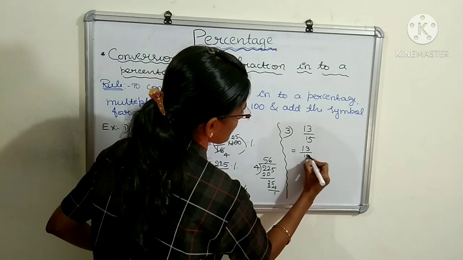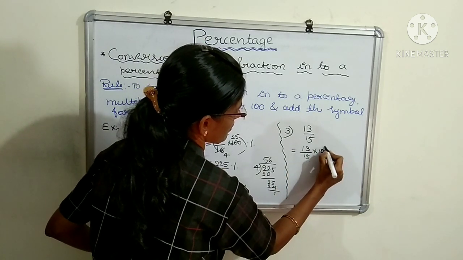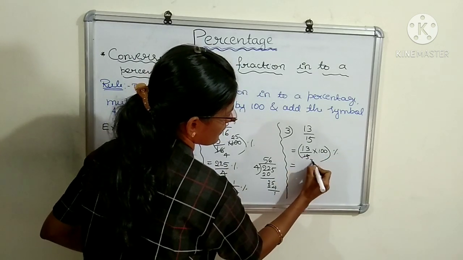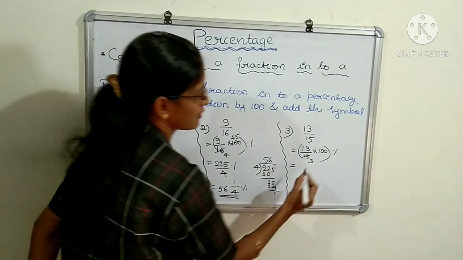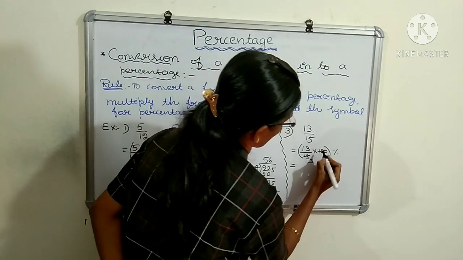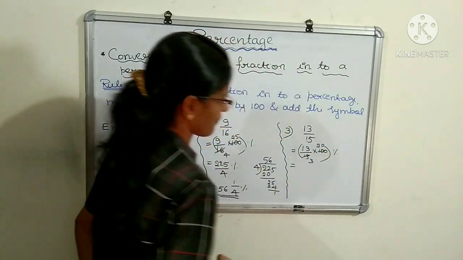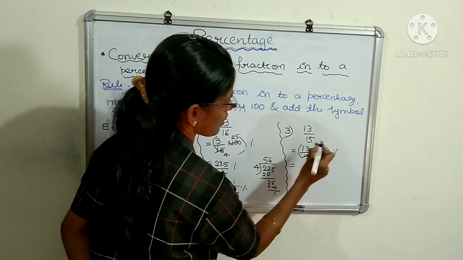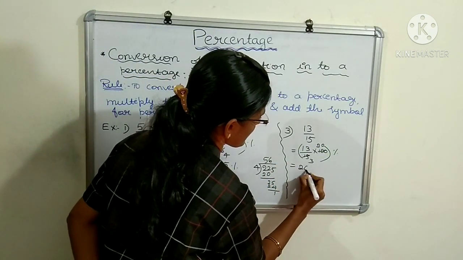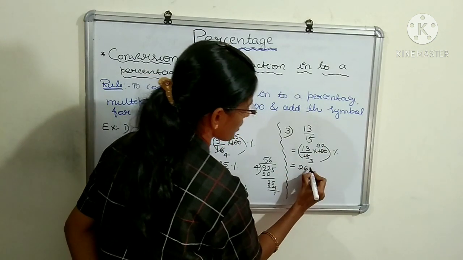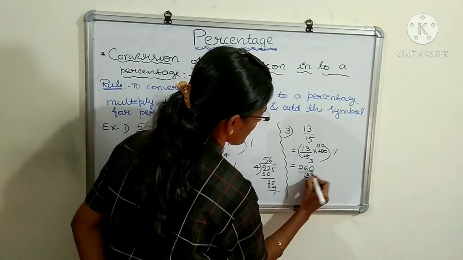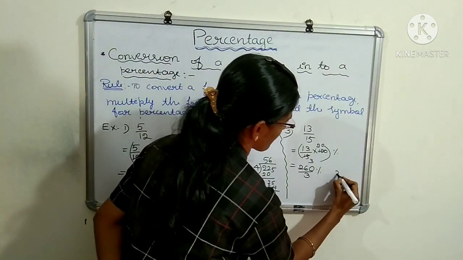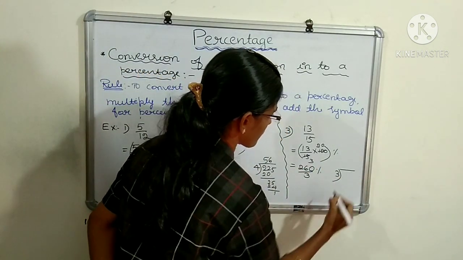13 by 15 into 100, with the percentage symbol. Here 5 3s are 15. Here 5 20s are 100. Here 13 into 20. 13 2s are how much? 26. 13 20s are 260 by 3 percentage. You have to divide this to convert to a mixed fraction.